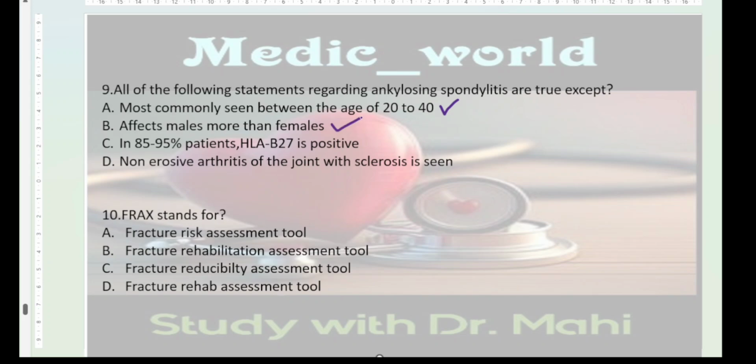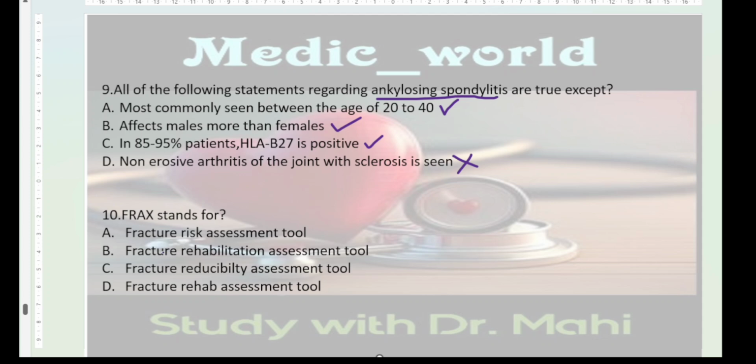It is also the true statement. In 85 to 95% patients, HLA-B27 is positive. It is also the true statement. And the last statement is non-erosive arthritis of joint with sclerosis is seen. This is the false statement because in ankylosing spondylitis, we see erosive arthritis.